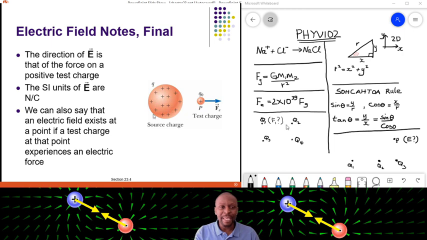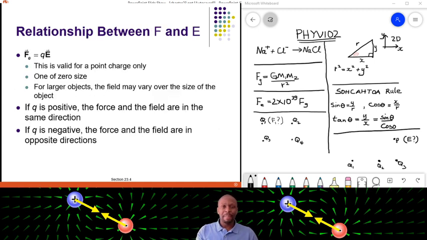Now, the SI unit of electric field is given by newtons per coulomb. We can also say that an electric field exists at a point if a test charge at that point experiences an electric force. Right.